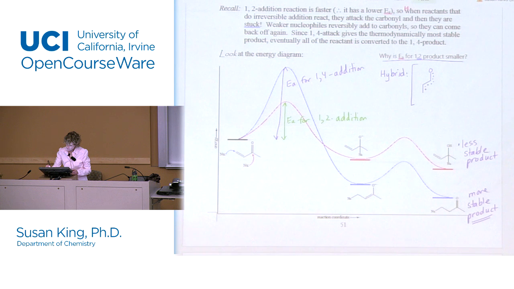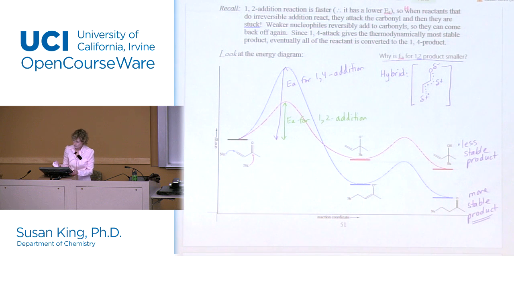So it's going to look like this. And how can you get the hybrid? By drawing the resonance structures here. You can come up with the hybrid. So we're going to have partial negative charge on oxygen. We're going to have partial positive here, and we're going to have partial positive here.